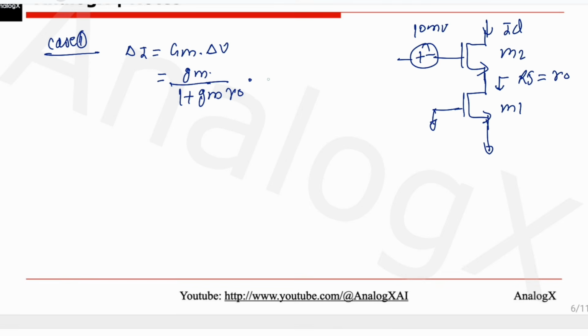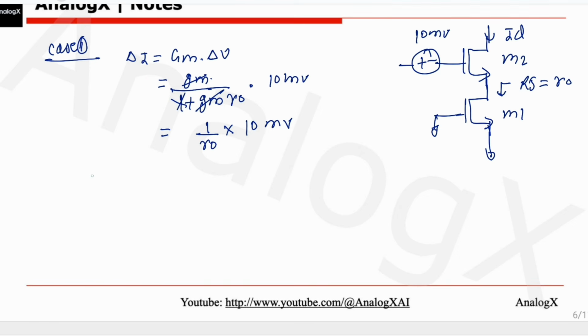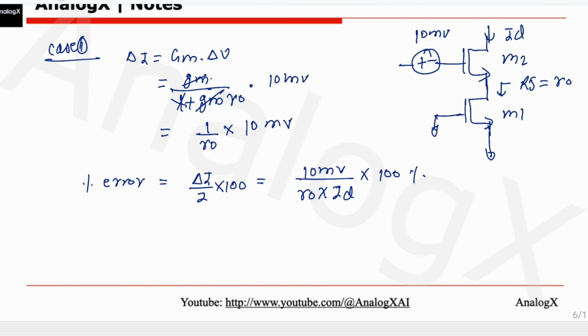Rs is ro, and delta VGS is 10 millivolt. Ignoring the 1, the Gm will cancel out, and that will come as 1 by ro into 10 millivolt. What will be the percentage error? The percentage error will be delta I by I into 100. So delta I is 10 millivolt divided by ro, and this one is I, into 100 percentage.